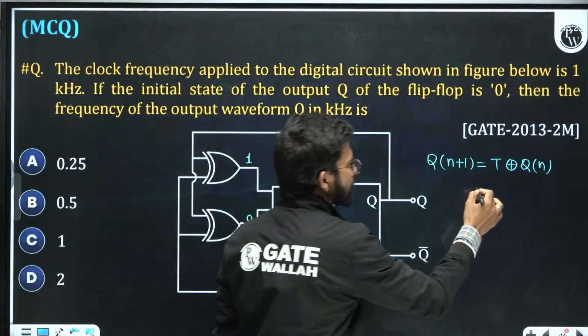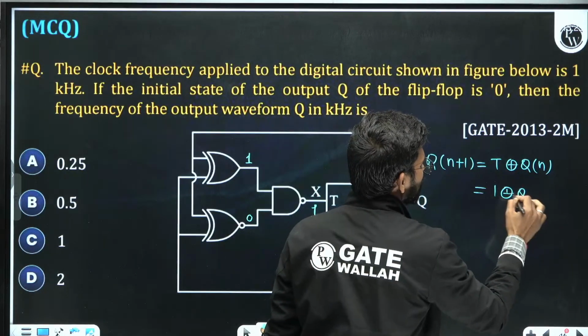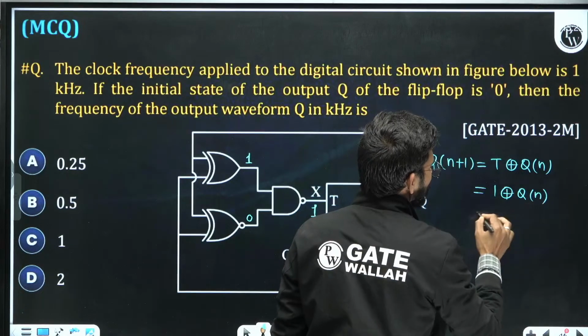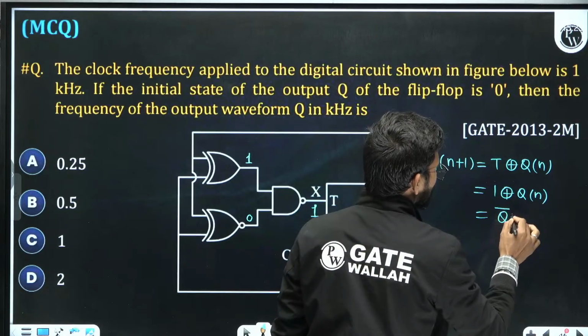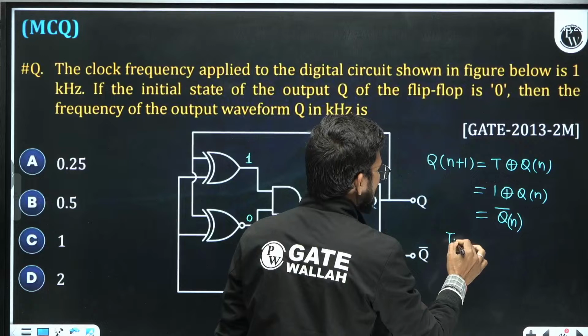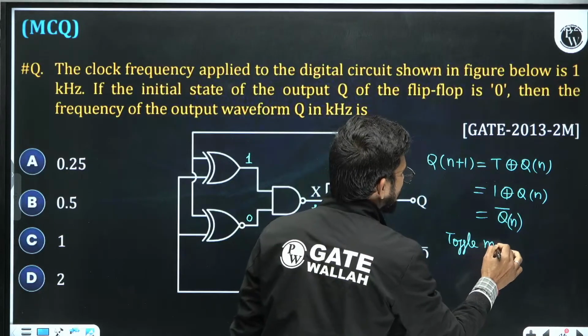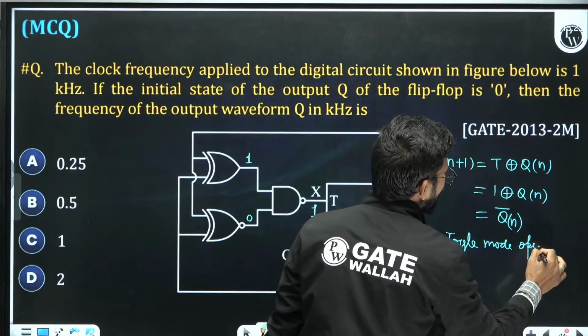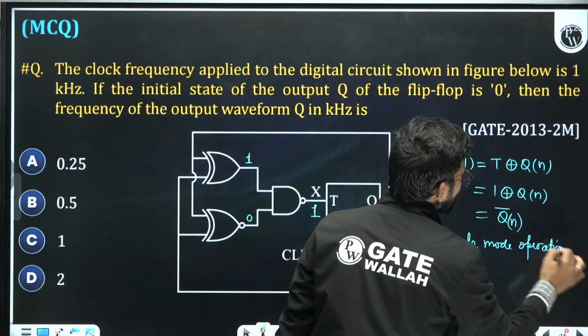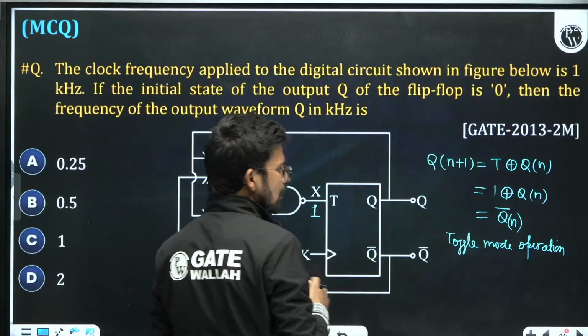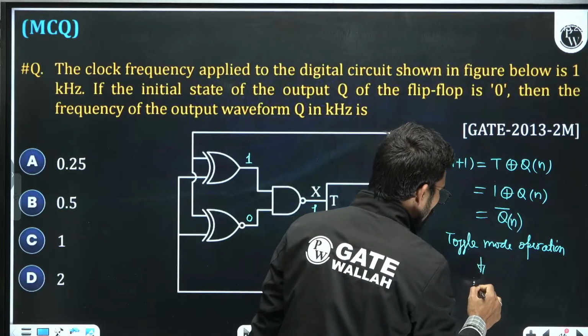So, what will be 1 XOR Qn? This will come out to be Qn bar. Toggle mode of operation. If a flip-flop operates in toggle mode of operation, where next state is the complement of present output state, then it is equivalent to a mod 2 counter.